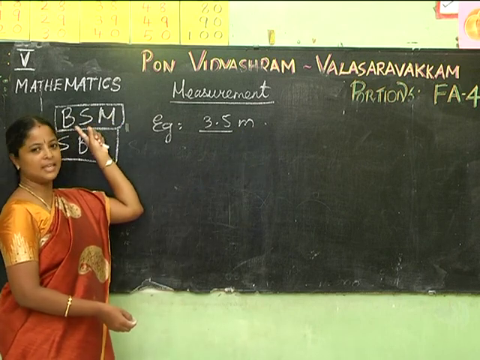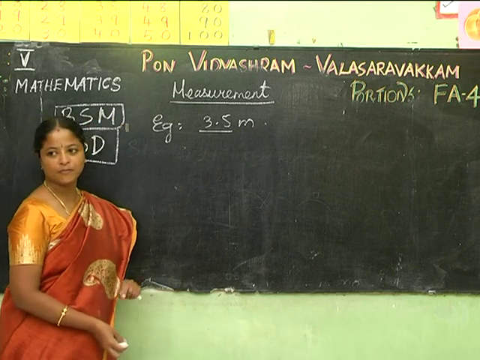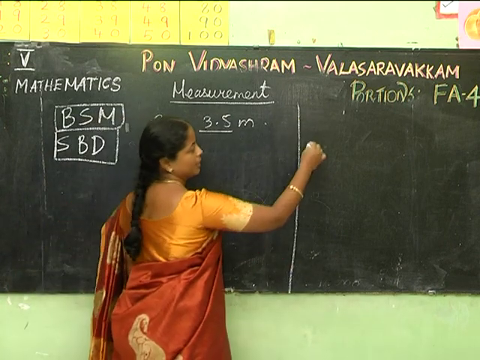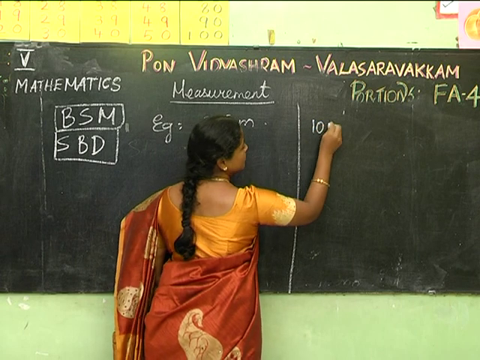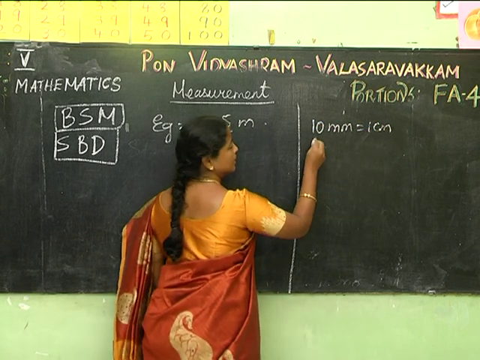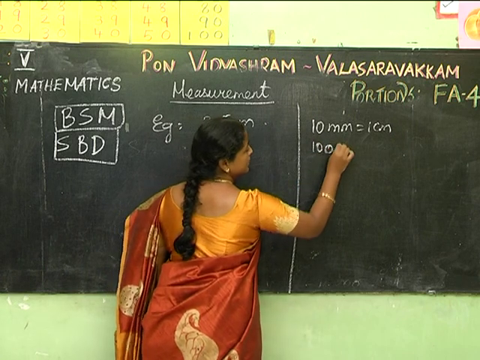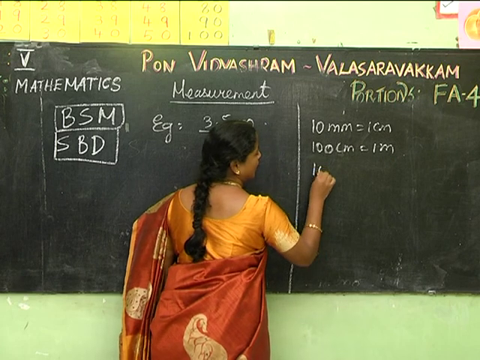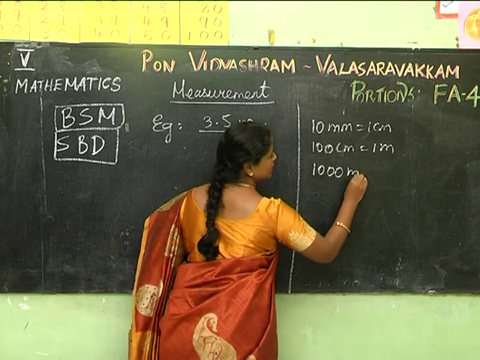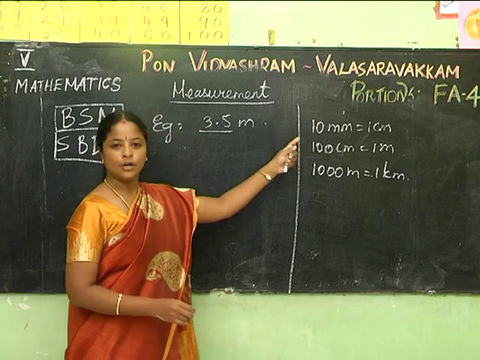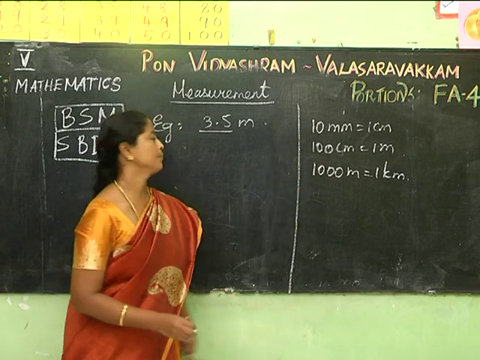So we use BSM, that is we have to multiply. Before that I shall tell you the relationship: 10 millimeter is equal to 1 centimeter, 100 centimeter is equal to 1 meter, and 1000 meter is equal to 1 kilometer. These are the commonly used units.